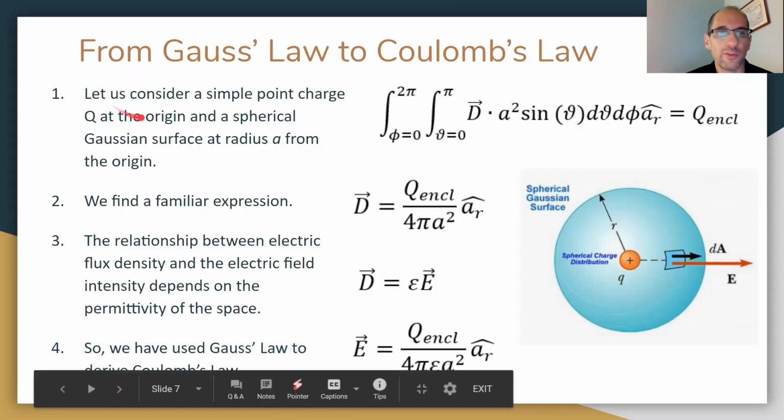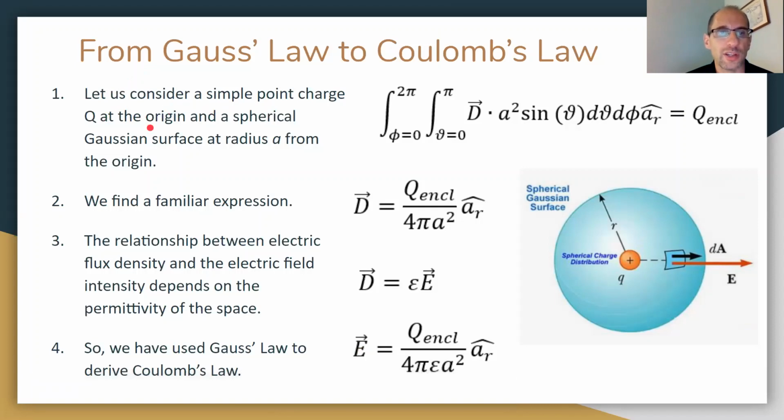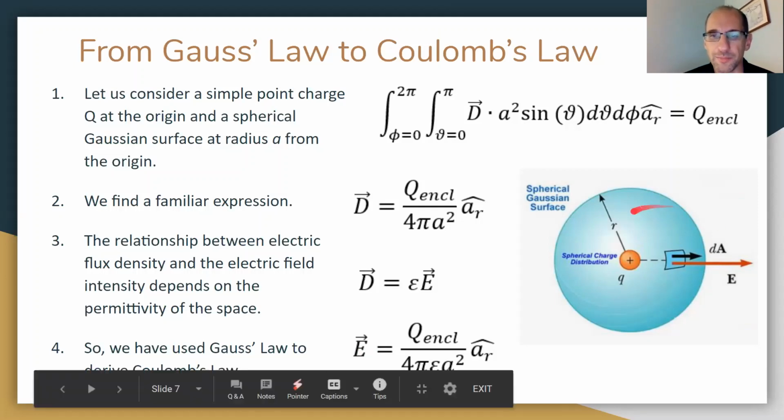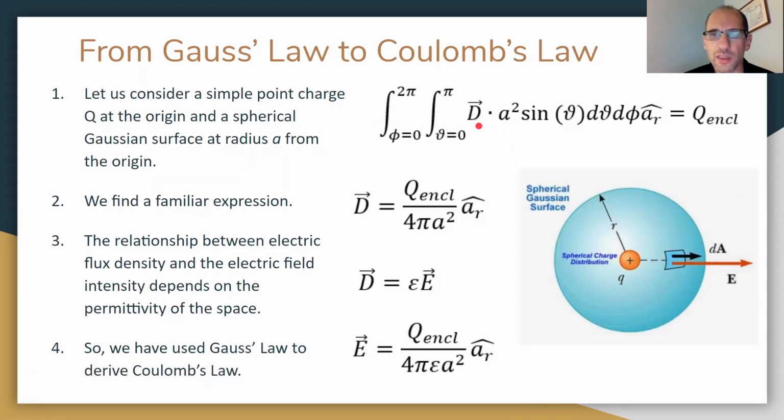Going back up here, if we consider a simple point charge at the origin and a spherical Gaussian surface, a closed surface with a radius a from the origin, then as we integrate using Gauss's law, the electric flux density times a squared sine theta d theta d phi, integrating from theta equals 0 to pi radians and from phi equals 0 to 2 pi radians to cover the whole surface of the sphere, we should find that we get the charge enclosed.